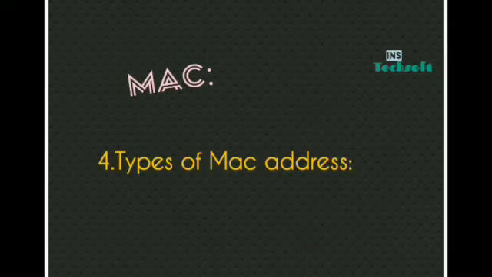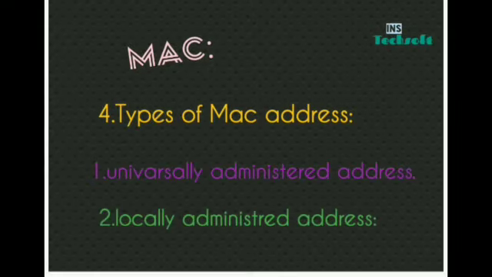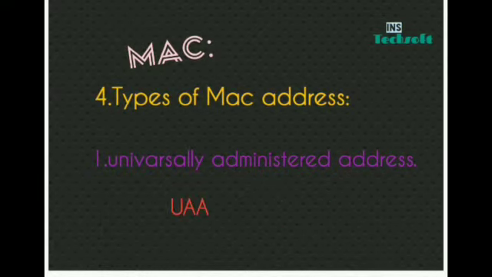So coming to types of MAC addresses, there are mainly 2 types: the universally administered address and the locally administered address. The first one, the universally administered address, is called UAA.